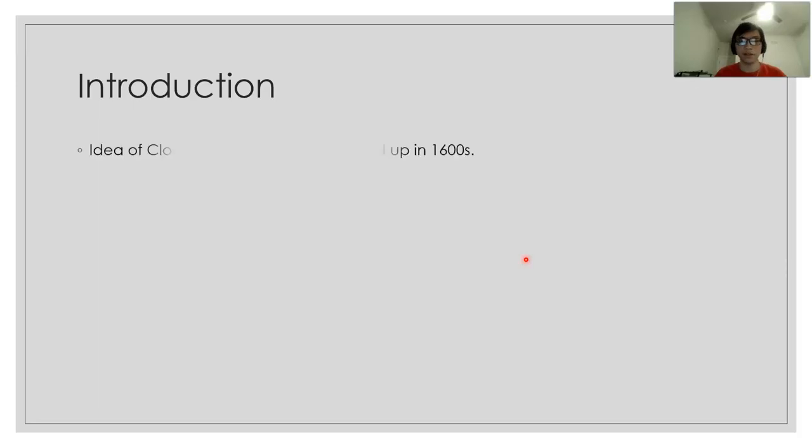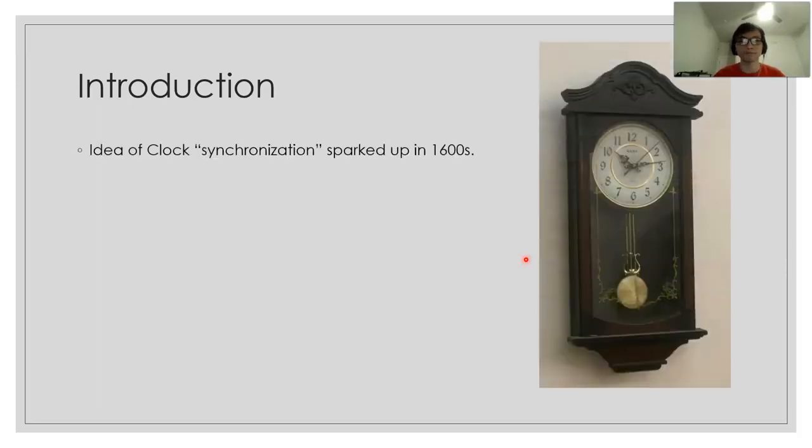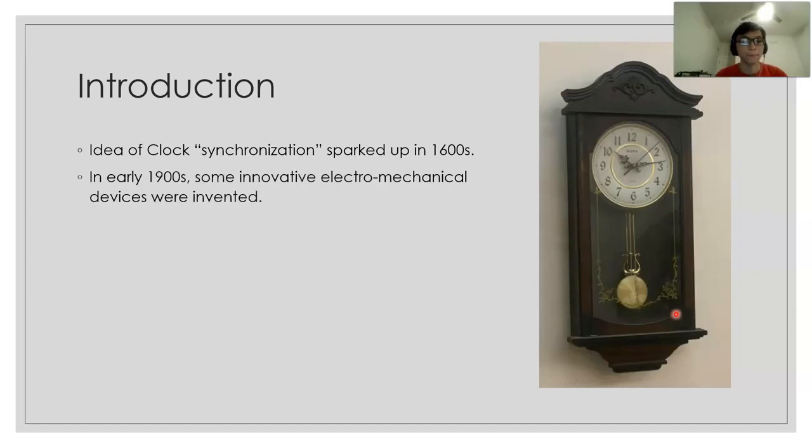Okay, so for the introduction, as we all know, clock is very important, and since the 1600s, there's been a need for synchronization between clocks and some sort of reference signal. In the early 1900s, some innovative electromechanical devices were invented to synchronize pendulum clocks like this with a reference clock.